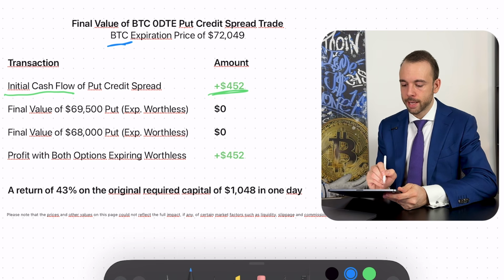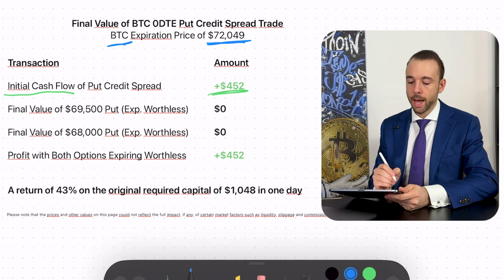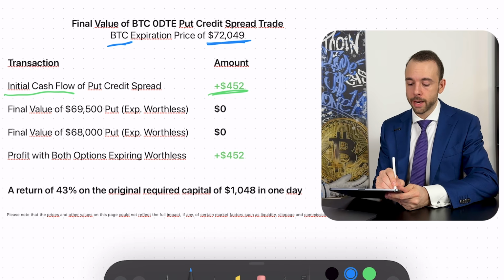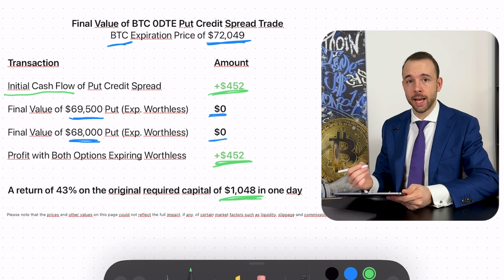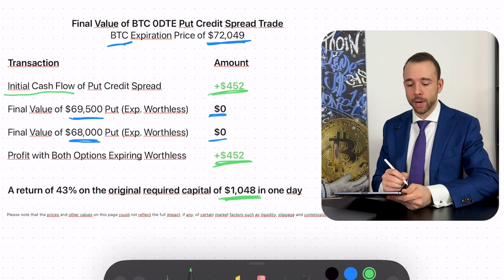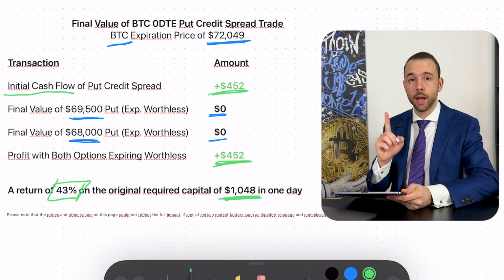The Bitcoin price at expiration was $72,000, and because the Bitcoin price was higher than both put options' strikes, both of them expired worthless. As a result, the trader makes a profit of $452, as the trader was risking $1,048 at the same time. That makes a profitability of 43% in just one day.